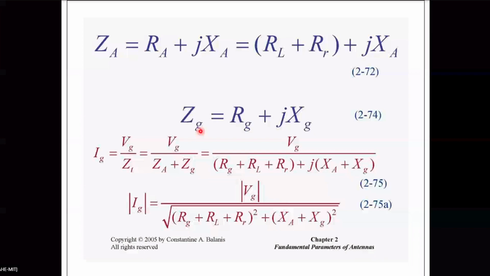So IG is VG by ZT, the total generator current for the Thevenin's equivalent. IG, the generator current, is VG by Z total, VG by ZA plus ZG. So this is the expression. So magnitude of IG is magnitude of VG divided by this. Is it clear?